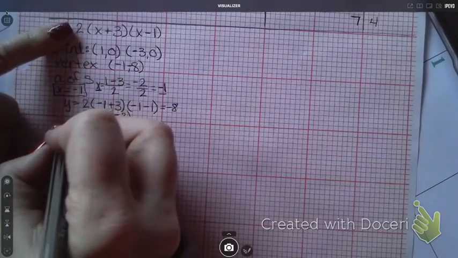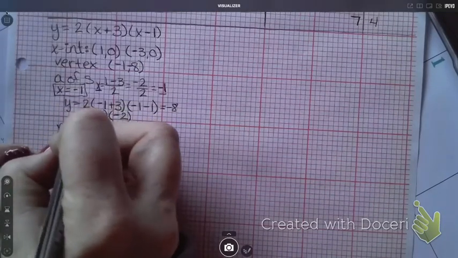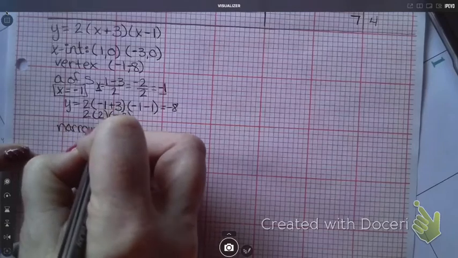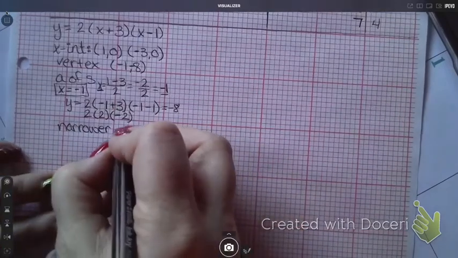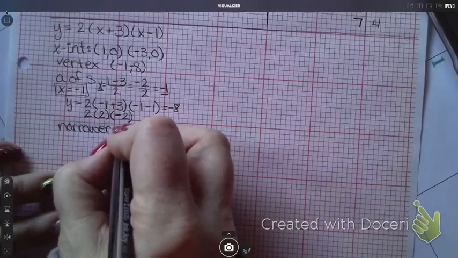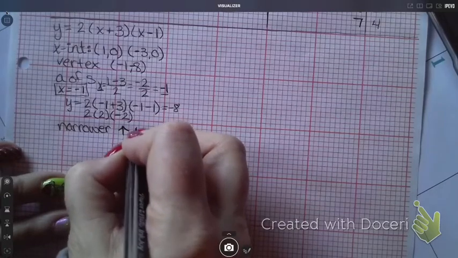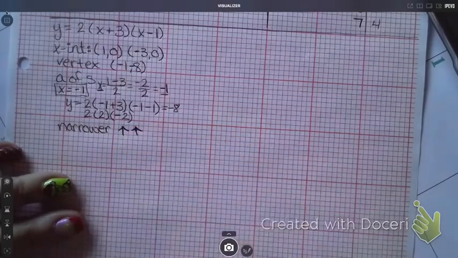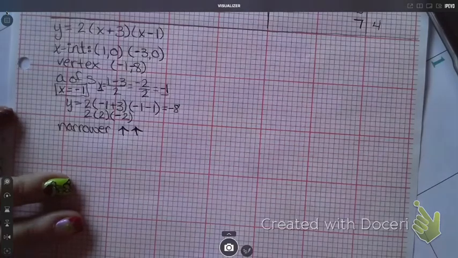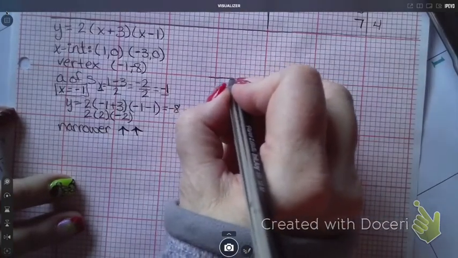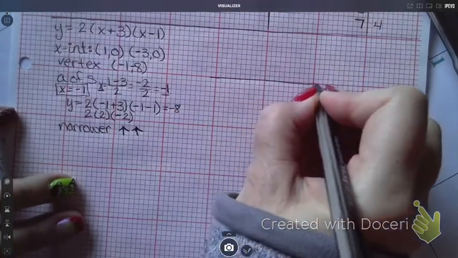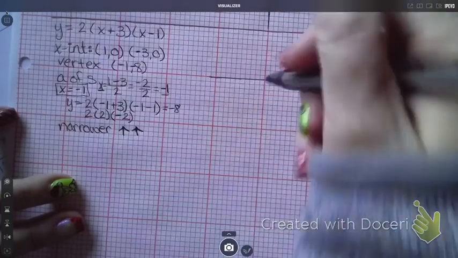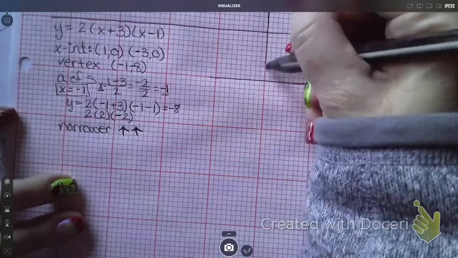Narrower because it's 2. Up or down? Up. 2 is positive. Okay, so am I ready to graph? A little bit more math, but it wasn't as bad. Was it bad? No, it wasn't.